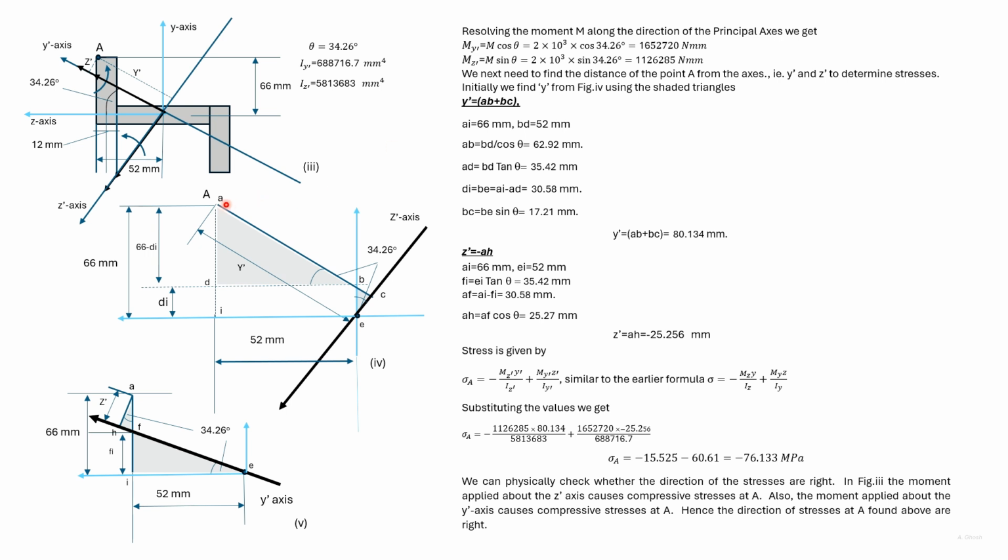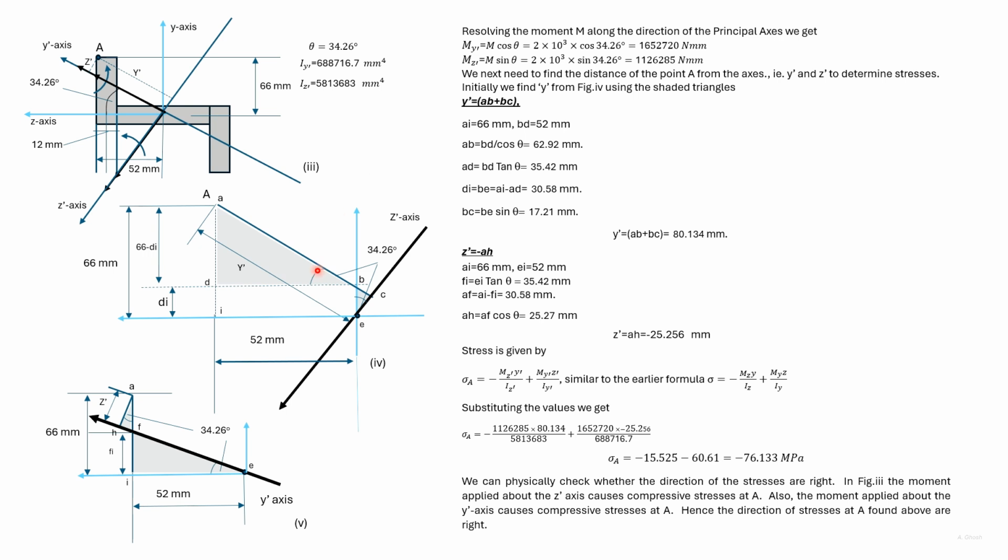A line is drawn here from the point A perpendicular to the z dash axis. It will help us to find y dash. Let us consider that this line cuts the y-axis at B. We have denoted different points in this diagram by different letters. Initially, we know the vertical and the horizontal distance of the point A. So we know AI and IE, or we know DP.